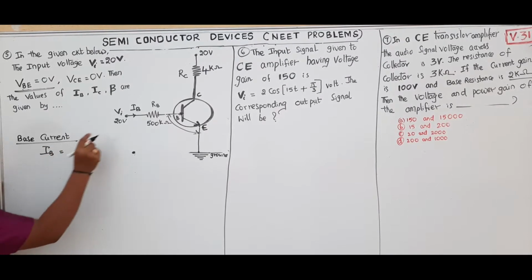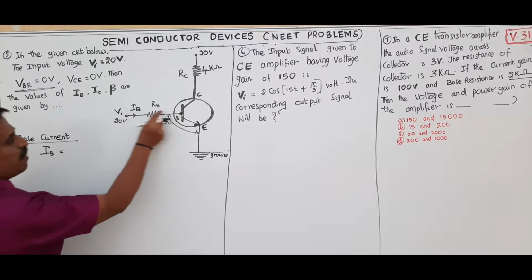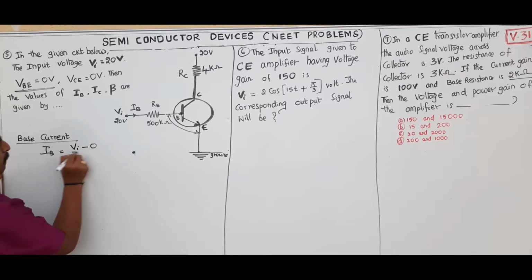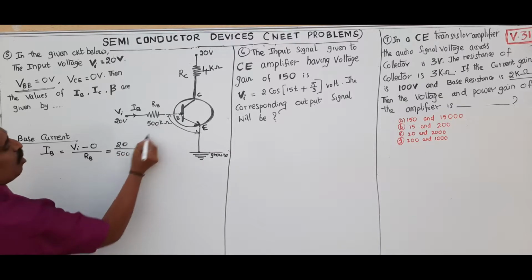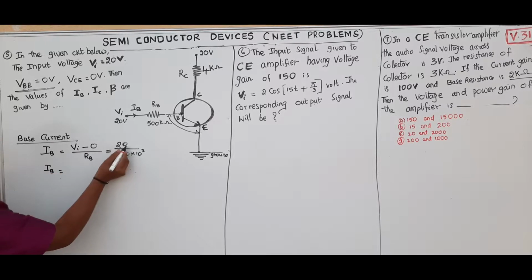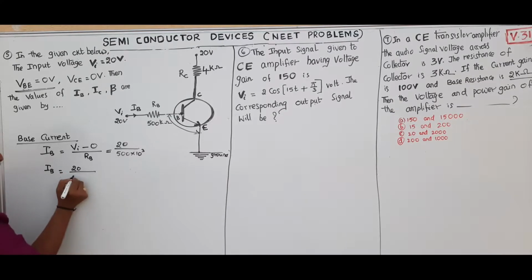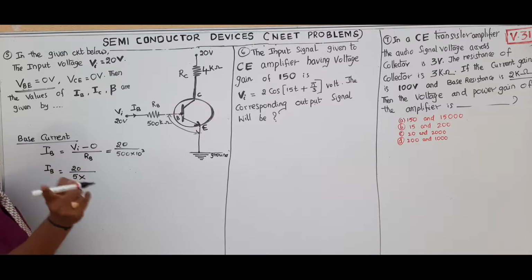IB, the base current, is equal to the more value minus the less value, VI minus 0, divided by the base resistance. The input is 20 volt and the base resistance is 500 kilo ohm. 500 kilo ohm means 5 into 10 power 2 into 10 power 3, totally 10 power 5.